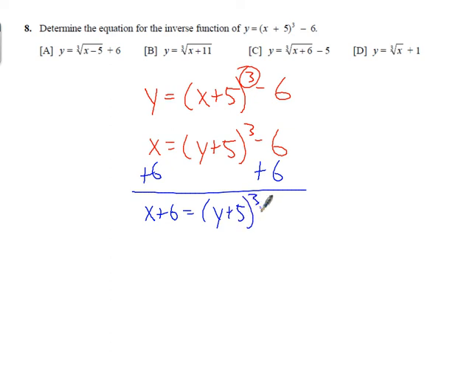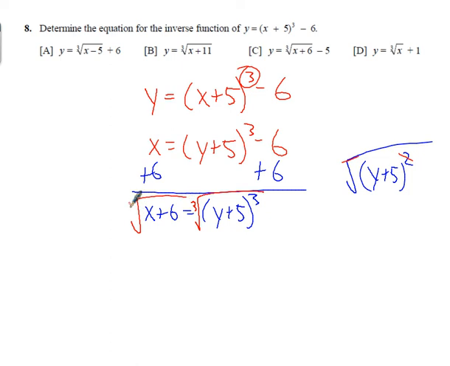Now how do we get rid of that third? If something was y plus 5 squared, the way you would have gotten rid of it is you would have square rooted it. A square root takes out that square. They cancel each other out, so to speak. Very similar concept here. We're not going to square root it, but we're going to cube root it.